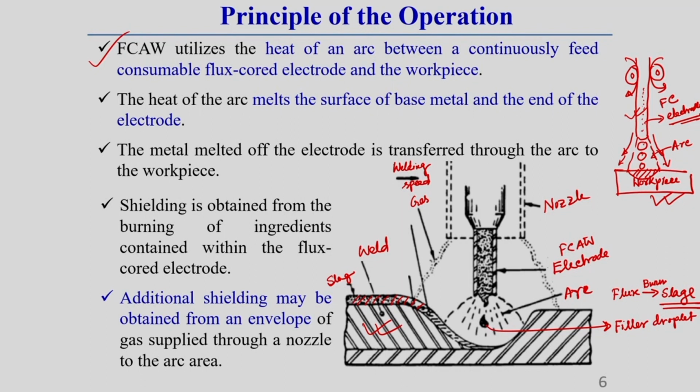Now, keep in mind what I have already told you. Shielding here is generally obtained from burning of the electrode ingredient inside the core, and additional shielding may also sometimes be obtained, if required, by using an extra shielding gas cylinder.